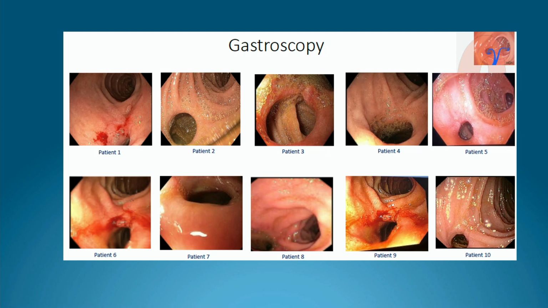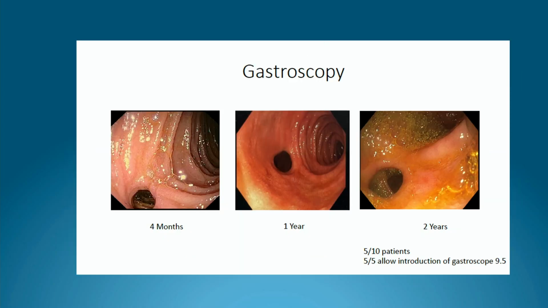These are all the 10 patients that were operated, and you can see that from the natural lumen, here we're getting towards the second duodenum, the anastomosis is right after the pylorus and is always posterior and inferior. If we look at results 1 year, 2 years later, the anastomosis is maintained, and 5 of the 10 patients were able to come back and agree to get an endoscopy, and these anastomoses are still maintained.